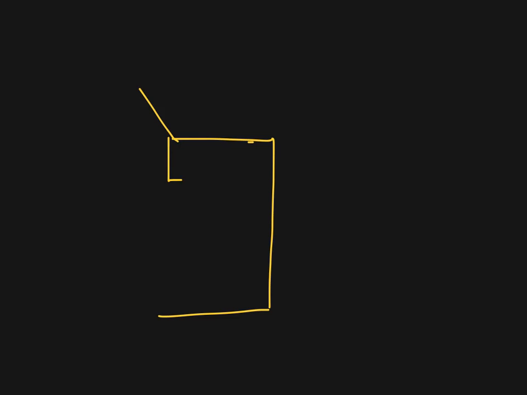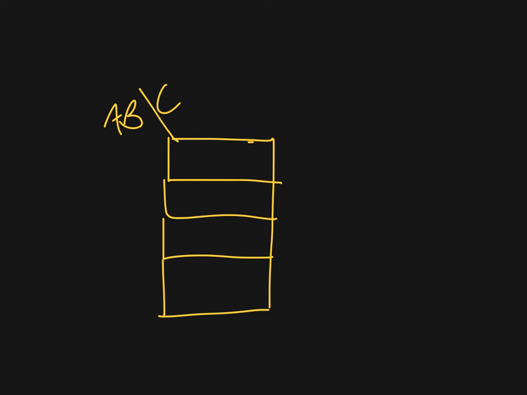So I need 1, 2, 3, 4. There's A, B. There's C. Okay, so C can be 0 or 1. Start with 0 0, but this time I'm going to put 1 0, 1 1, 0 1.